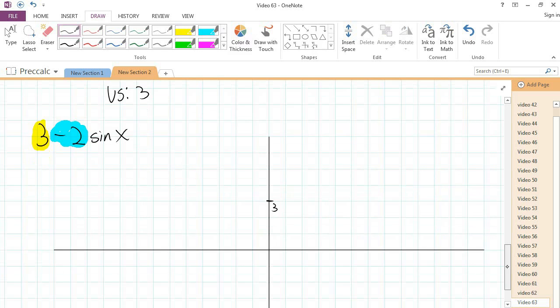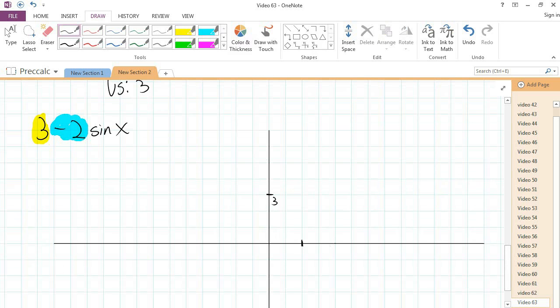Let's mark up my x-axis. There we go. My middle is 3. Here we go. That's my center line. My amplitude is still 2 because it's the absolute value of the number that's multiplied with sine.